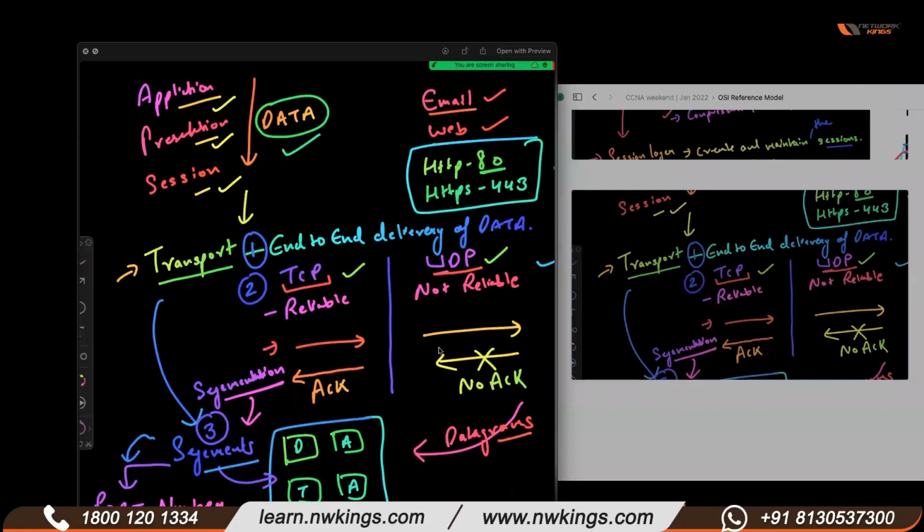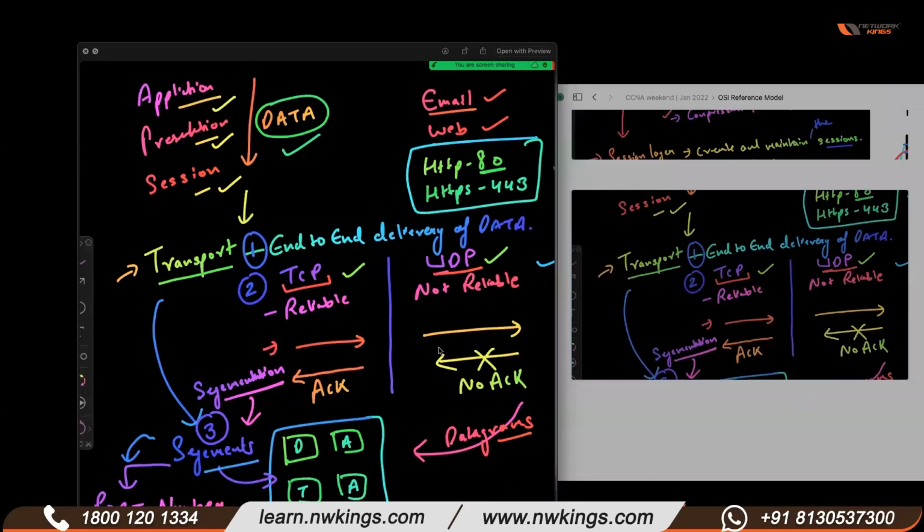TCP and UDP are the main protocols which work on the transport layer. TCP is reliable, UDP is not reliable. TCP provides acknowledgement, UDP does not. What is acknowledgement? When you call somebody and say hello, the other person says hello. That is the acknowledgement, the information that yes, I'm listening to you.